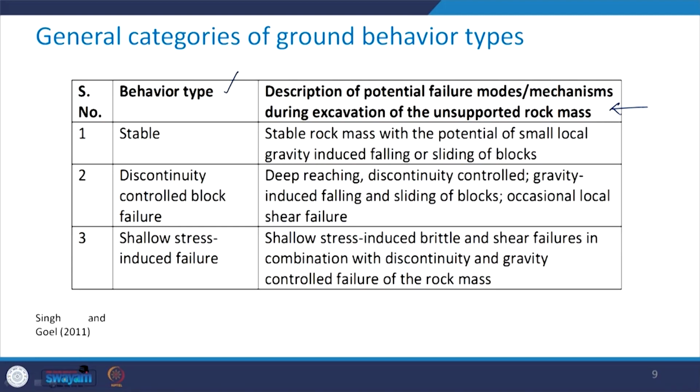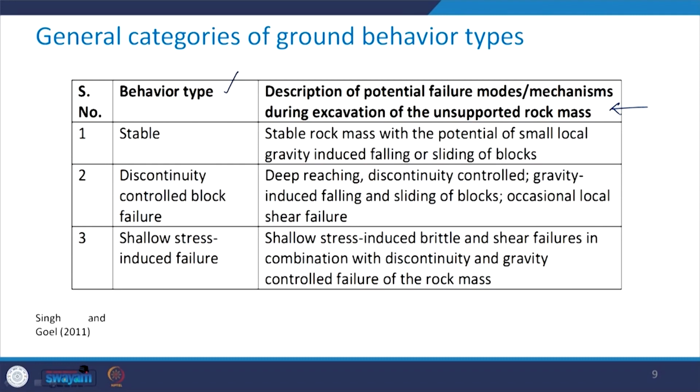The first behavior is stable behavior. What is the description? In this case, a stable rock mass is there with the potential of small local gravity induced falling or sliding of blocks from the side walls of the tunnel.